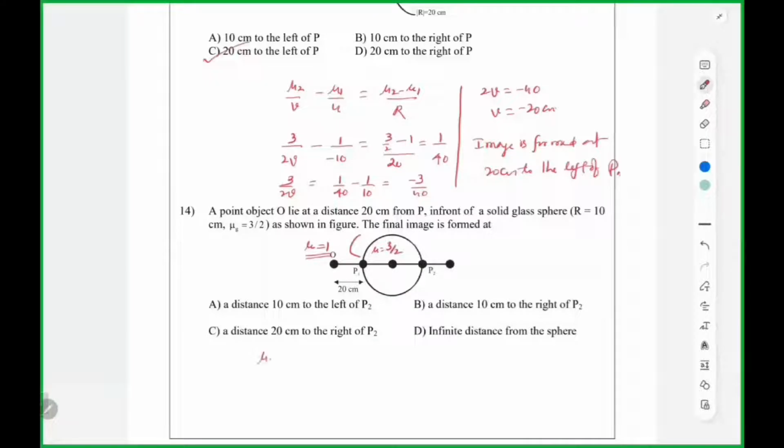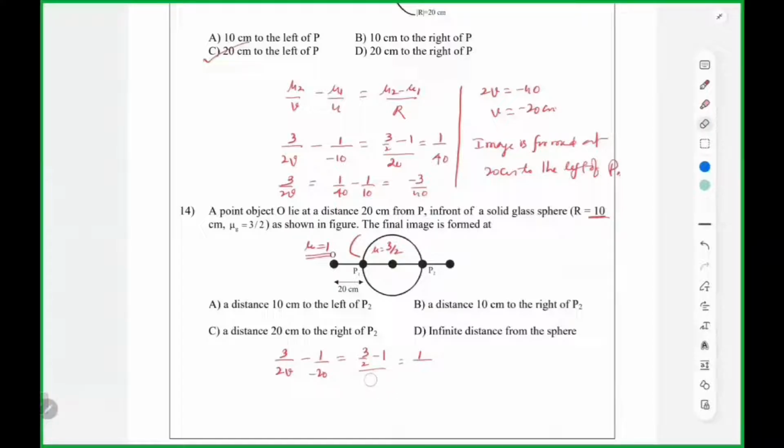Same as earlier, mu2, that is 3 by 2V minus mu1 by minus 20 equal to 3 by 2 minus 1 by R, where R here is 10 centimeters.